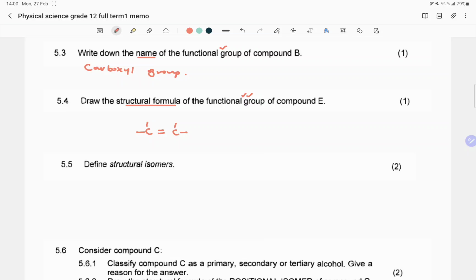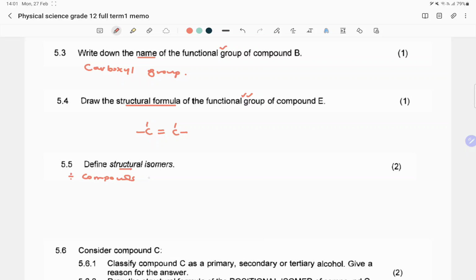Okay, now define structural isomers. Okay, now structural isomers are defined as molecules, let's just say compounds instead of molecules to avoid tautology.